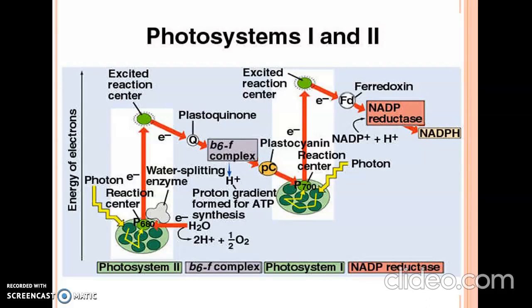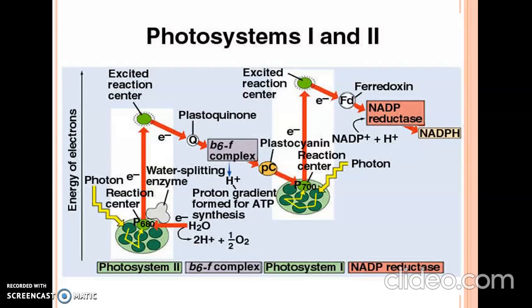First the electrons are released from photosystem 2, that is P680. The light energy is absorbed by the reaction center and the antenna molecules and they get excited. From that it reaches plastoquinone, then cytochrome B6, then plastocyanin.